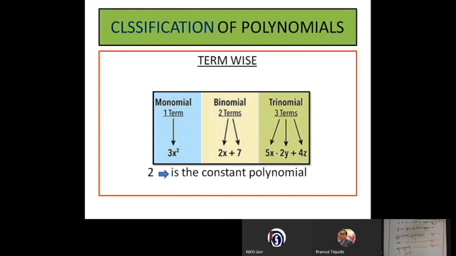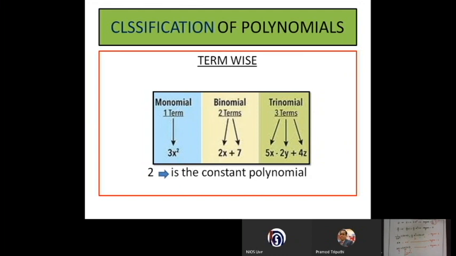The polynomials have been classified in two ways. Number one, term wise, and number two, degree wise. So here we take the first type, that is the term wise classification.